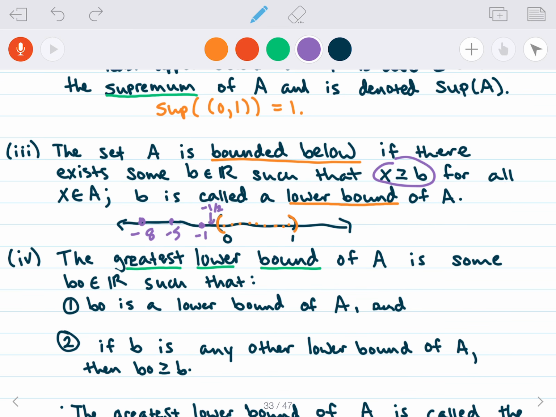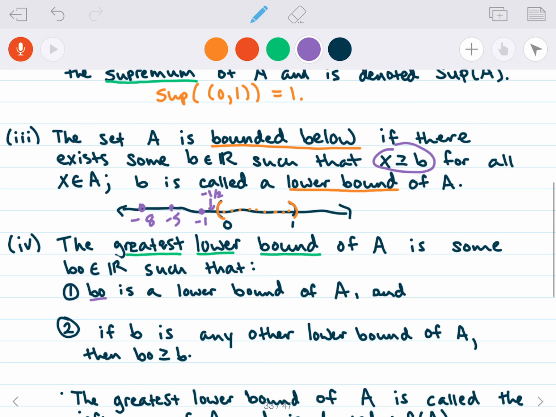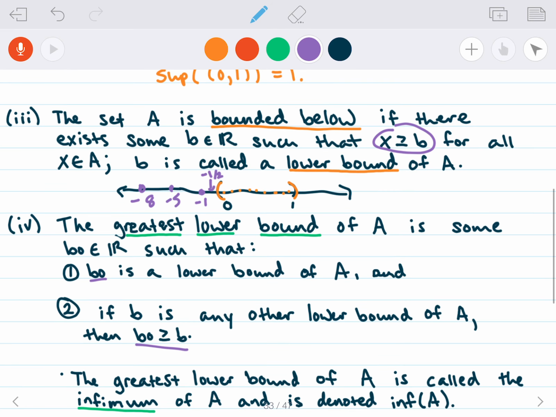Well, it's some real number so that it's a lower bound of A, first of all. And if there's any other lower bound of A, then that bigger bound has to be bigger than or equal to the lower bound. Okay? So what does this say in plain English? Well, think about all of these purple numbers. How close can we get to bounding this set?